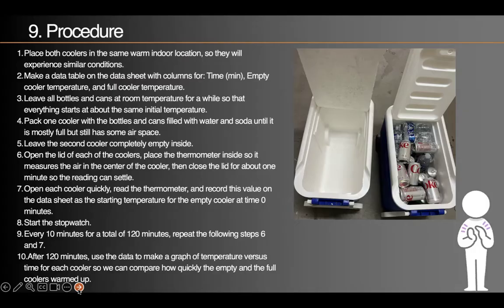We then started measuring the temperature. We opened them one at a time and recorded the initial temperature. We closed the lid, and we repeated this every 10 minutes until we reached 120 minutes. After 120 minutes, we gathered our data and we were able to graph and analyze it.